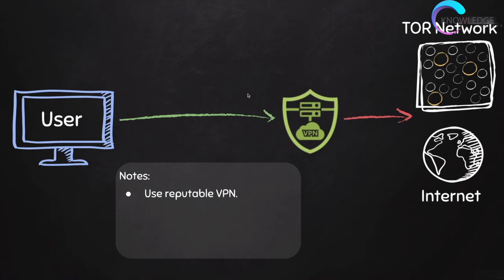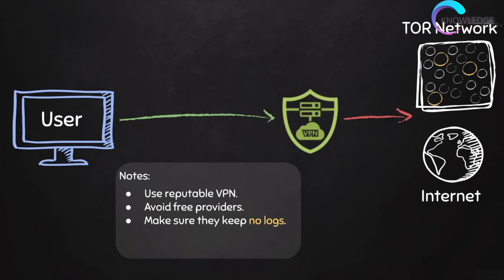So the data is encrypted between the user and the VPN provider, but the VPN provider is able to see this data. Therefore, you want to make sure that you pick a reputable VPN provider and avoid free providers because a lot of them keep logs and analyze you. You also want to make sure that you use a provider that keeps no logs.